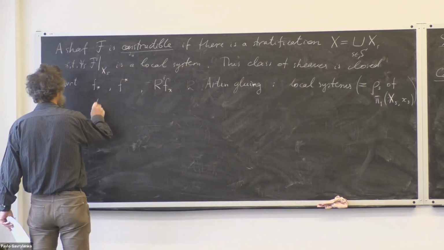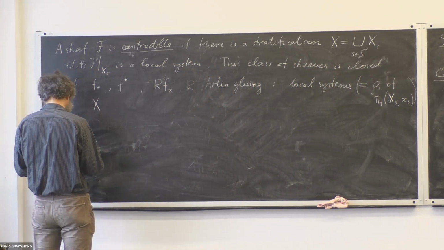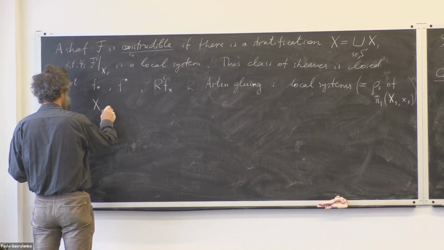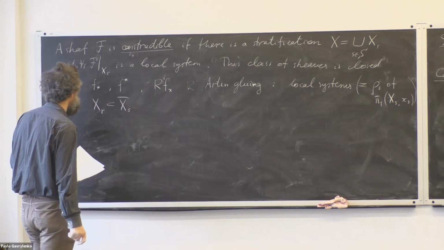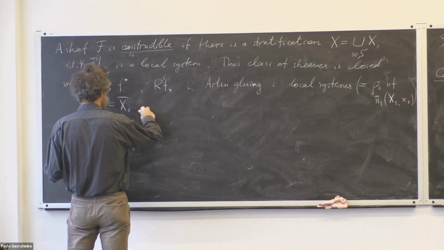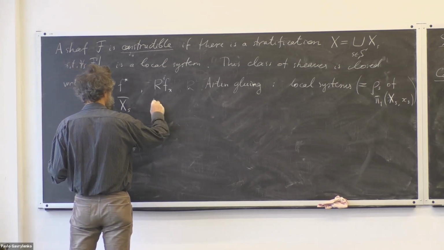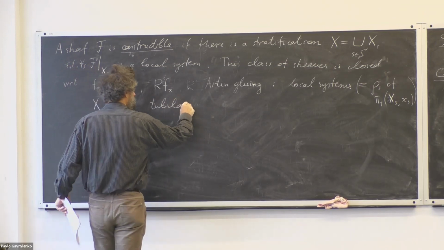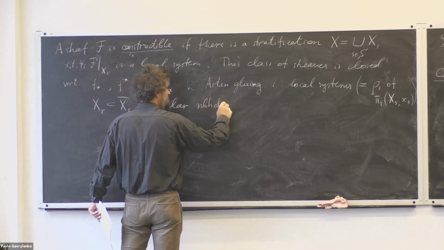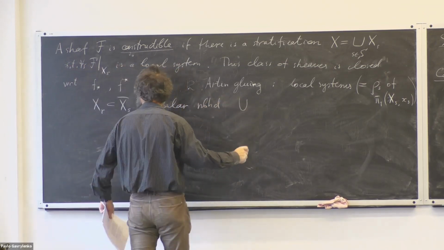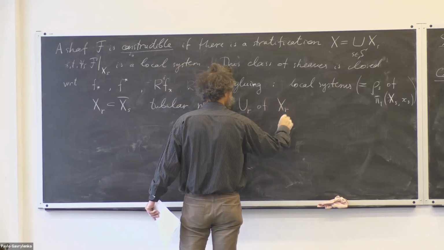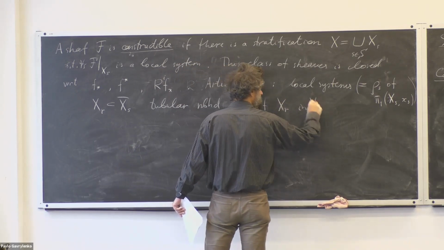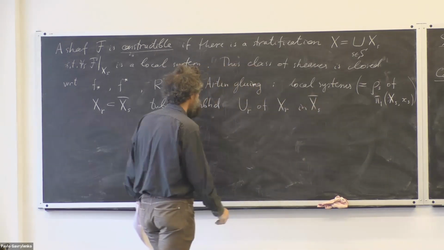So suppose you have one stratum in the closure of the other, like X_R lies in the closure of X_S. And then you can take a tubular neighborhood, like U_R of X_R in the closure of X_S.